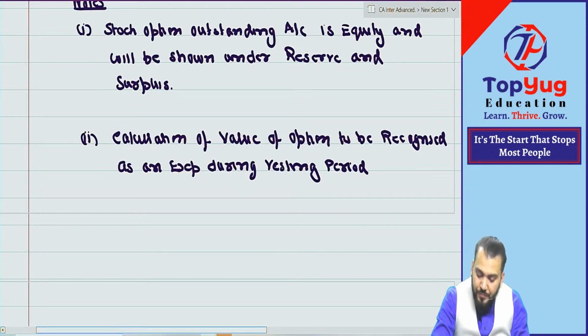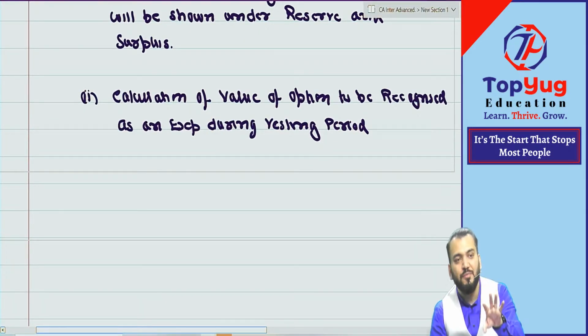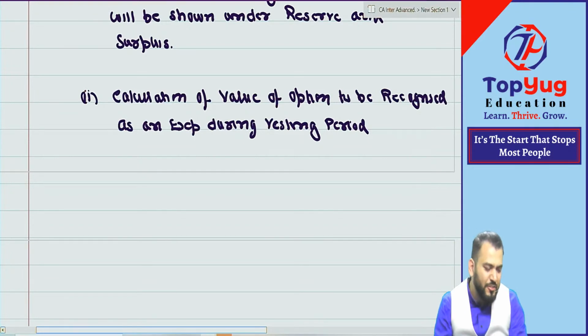During the vesting period, so how to calculate? One question we have already done. I have already informed you how to calculate, I am just giving a reminder.